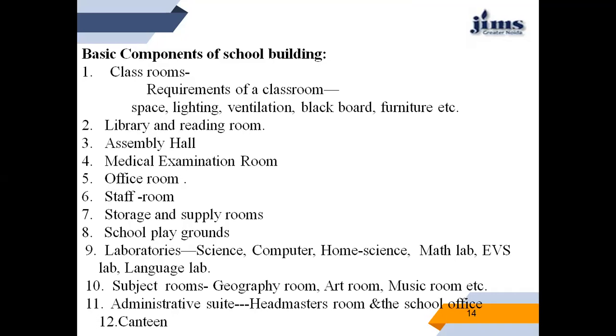Now, let me come to the next component of the school building, that is the library and the reading room. Library is the hub of the academic life of a school. With the new techniques of teaching, library should be the center of the school educational program.